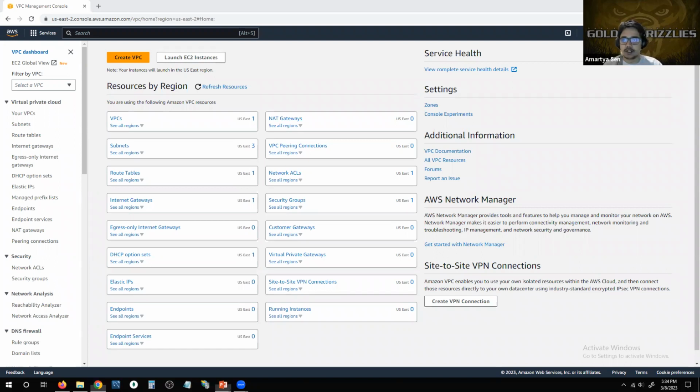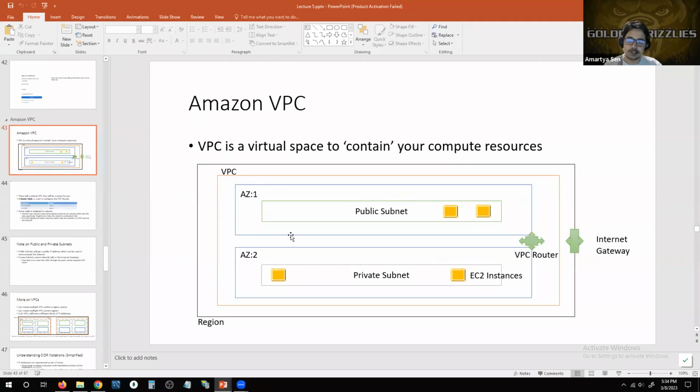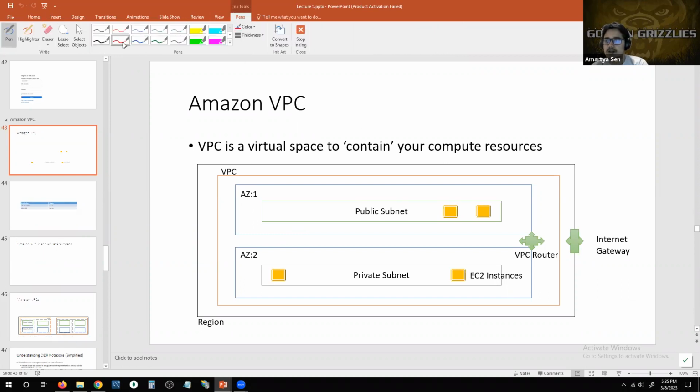So overall, when you think in terms of a virtual private cloud, you always have to keep this diagram in your mind, right? So essentially, when you log into your AWS service, a default VPC is created for every availability region, right? For example, if your availability region is, let's say, Ohio, and Ohio has 3 availability zones.